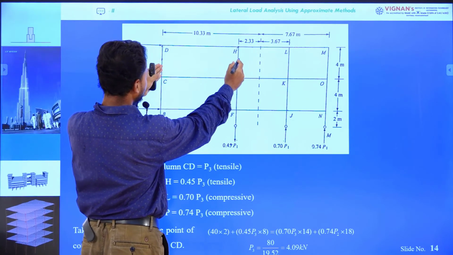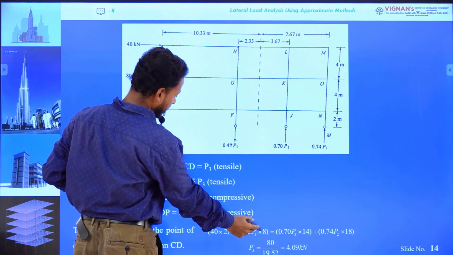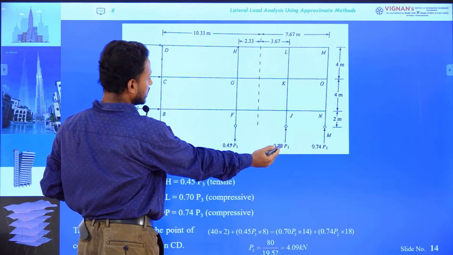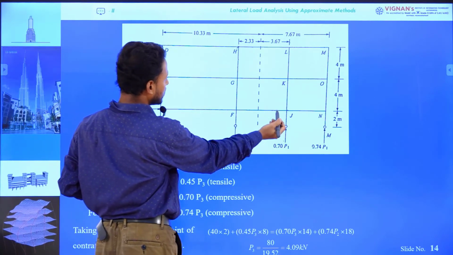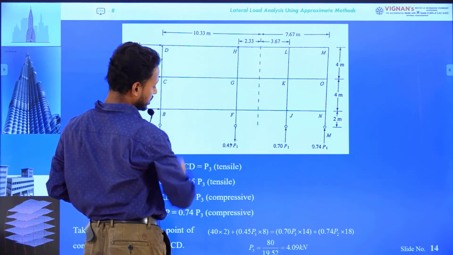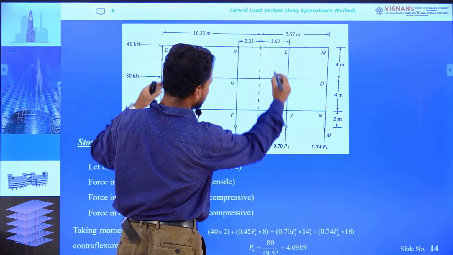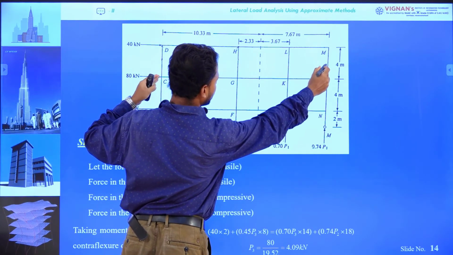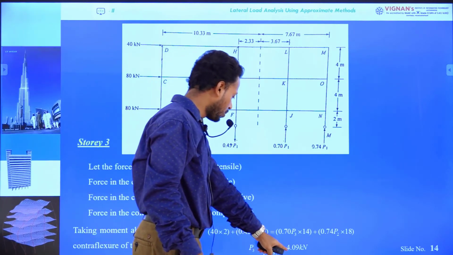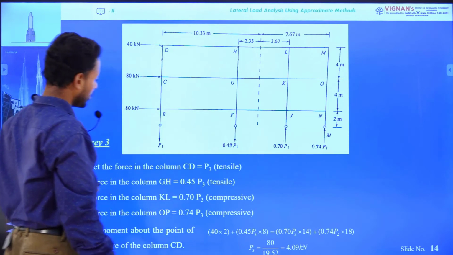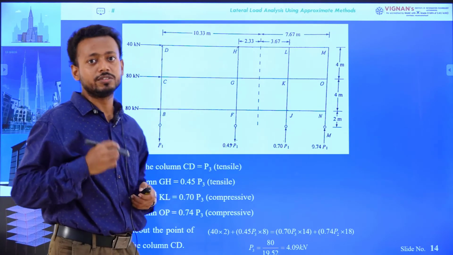So 0.45 P3 into this distance, that is 8, equals, these forces are trying to rotate this building in anti-clockwise direction, so you can write 0.7 P3 into 14 plus 0.74 P3 into 18. So we calculate P3 equals 4.09 kilonewton. So in this way you can calculate P1, P2, P3 values.